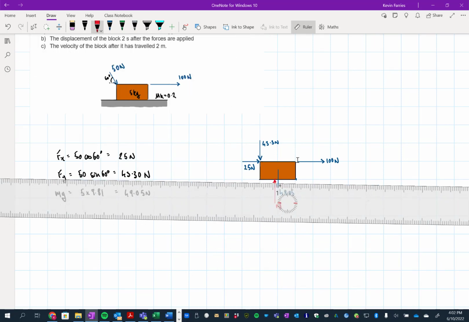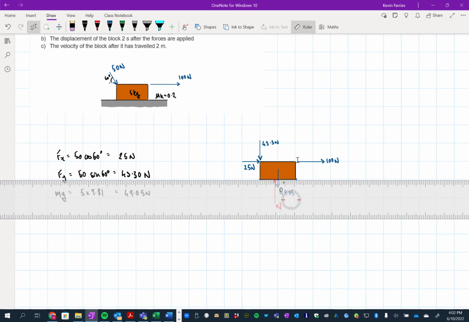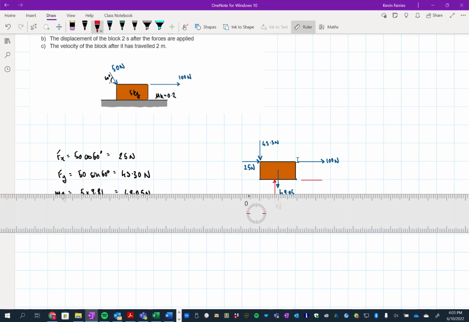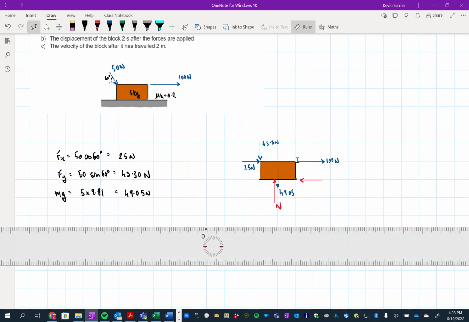But when you're doing these problems, you don't need to worry about the position of N unless it's a question about overturning, in which case you would use that method, find the overturning moment and the restoring moment, and again you still don't need to calculate the position of this normal force. Anyway, we're also going to have a frictional component of force.